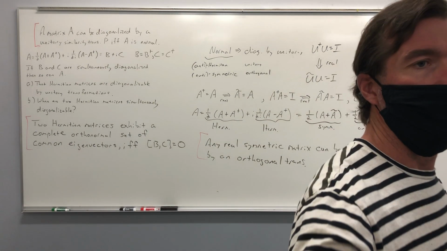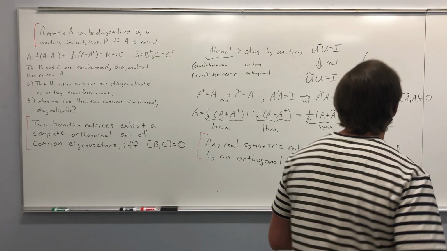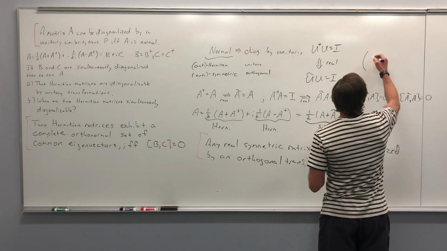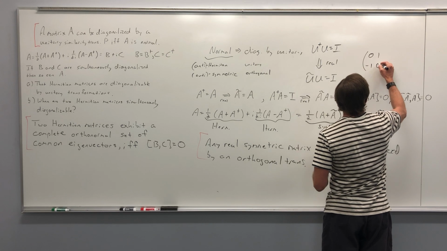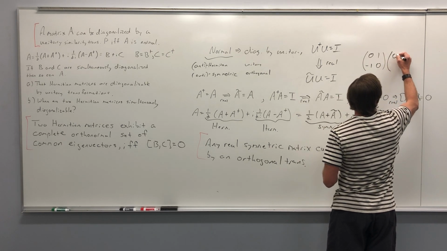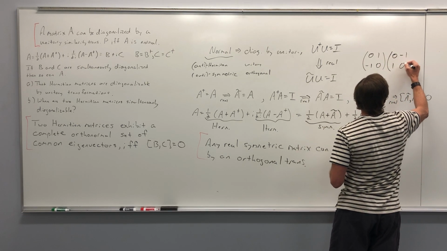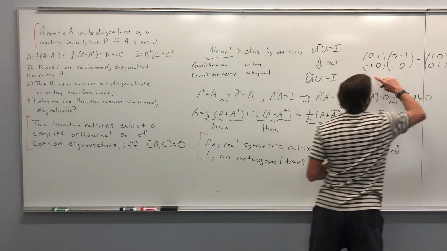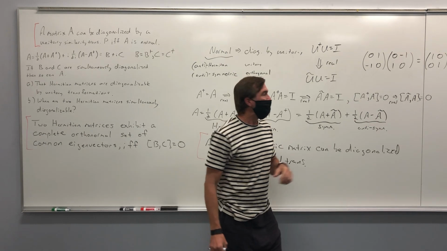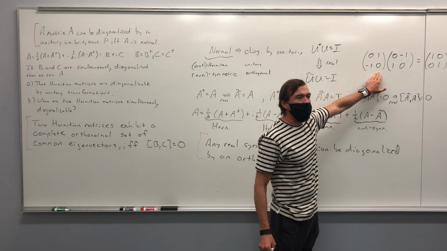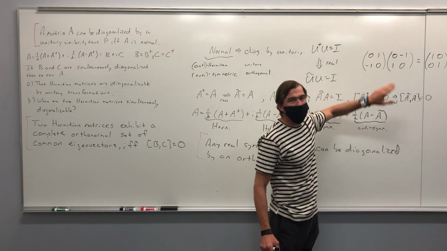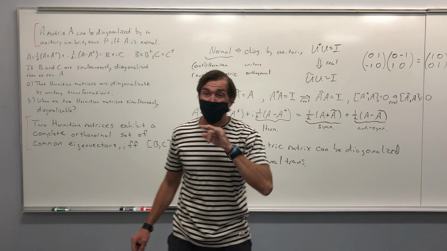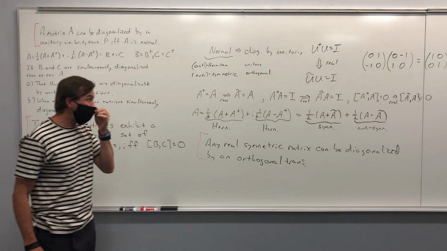It was 0, 1, negative 1, 0. Yes, 0, negative 1, 1, 0. Okay, it's orthogonal, and it's also antisymmetric, because if I do a transpose, I get minus the original thing. So that's why I said it's both an orthogonal and an antisymmetric matrix.